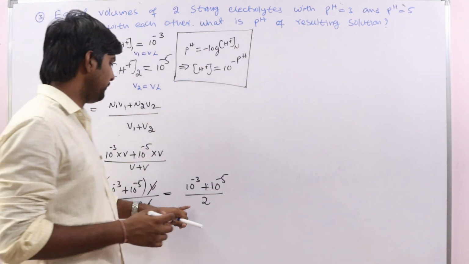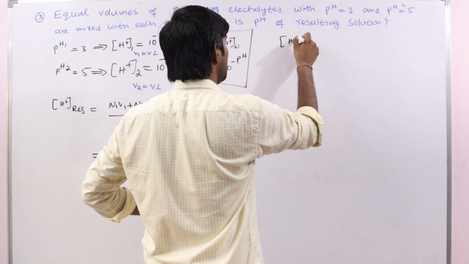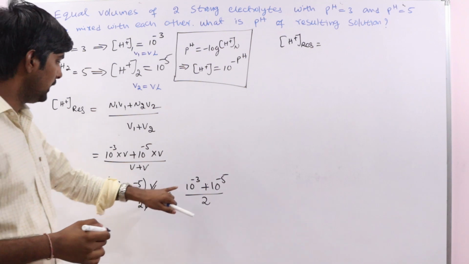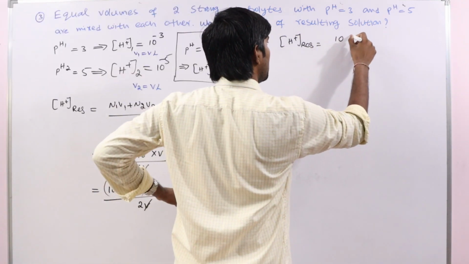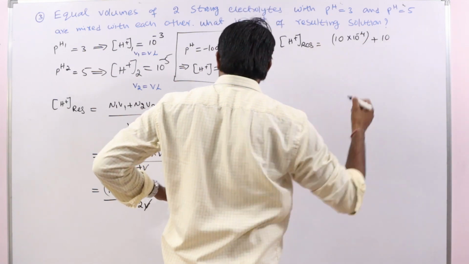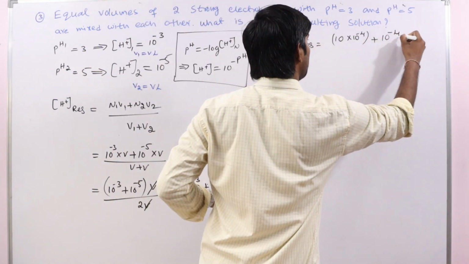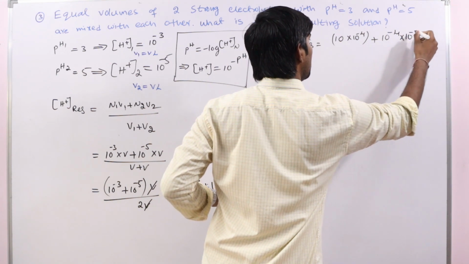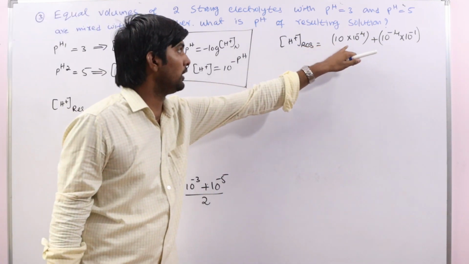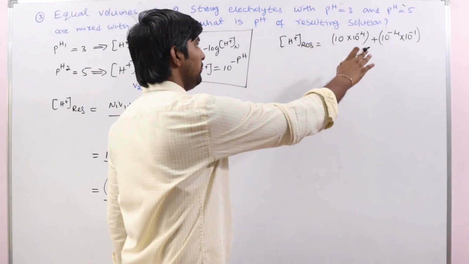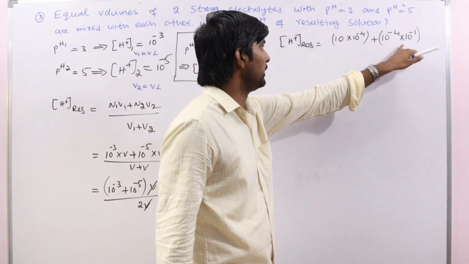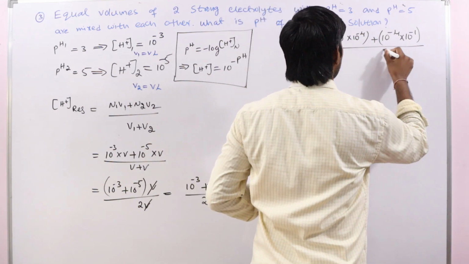Okay, so now if you simplify this, the H plus ion concentration in the resulting solution, in the mixture, equal to, this we can write as 10 into 10 power minus 4 plus 10 power minus 5, we can write as 10 power minus 4 into 10 power minus 1. 10 power minus 3 we are writing as 10 into 10 power minus 4, and 10 power minus 5 we can write as 10 power minus 4 into 10 power minus 1, by 2.